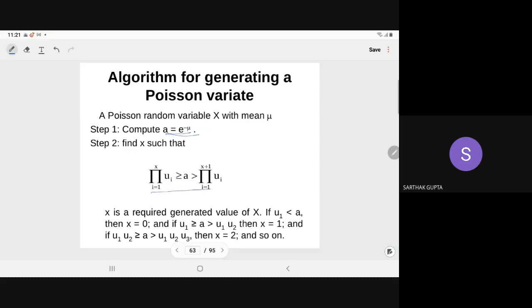So we have the scheme like this: x is equal to 0 when u1 is less than a, x is equal to 1 when a lies between u1 and u1 into u2, x is equal to 2 when it lies between u1 u2 and u1 u2 u3. In this way we can generate the value of the variate.